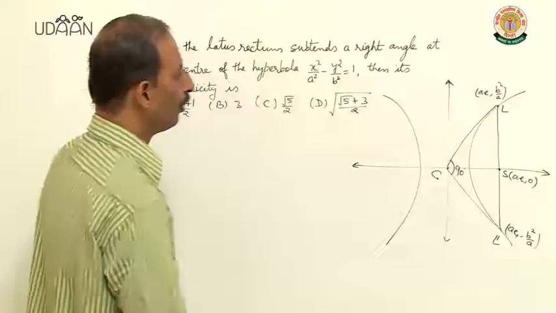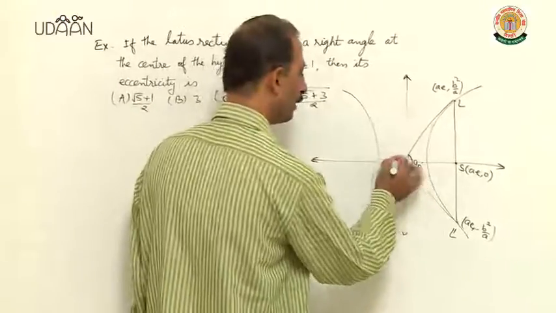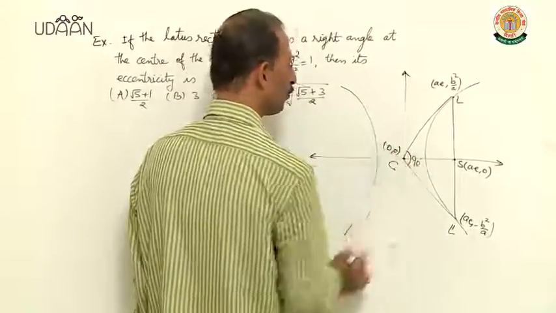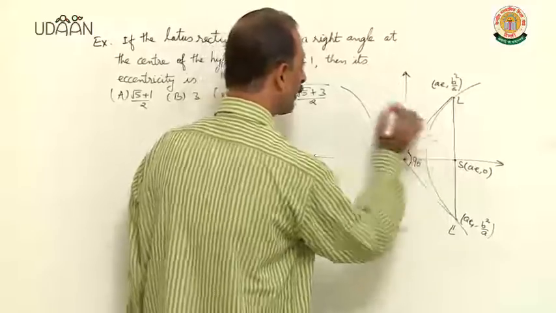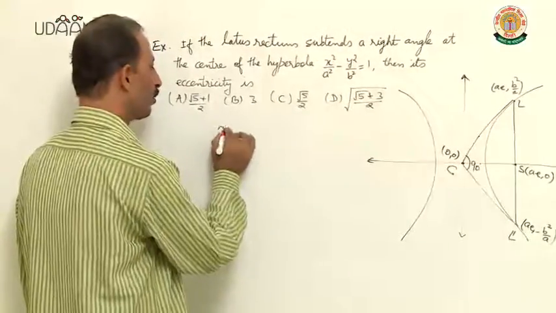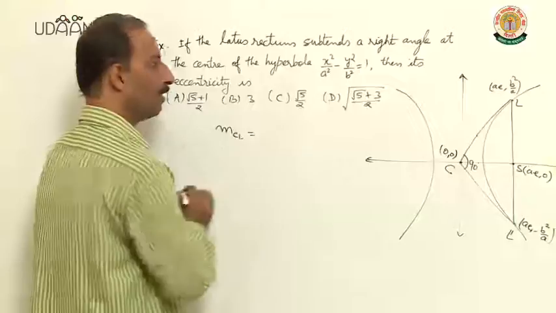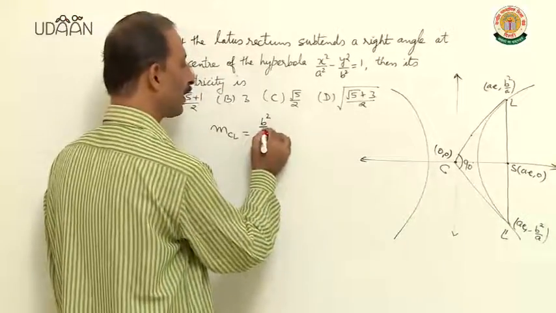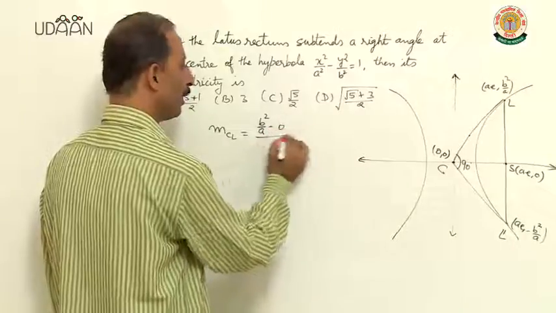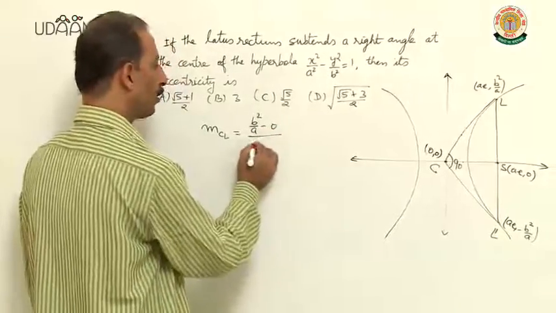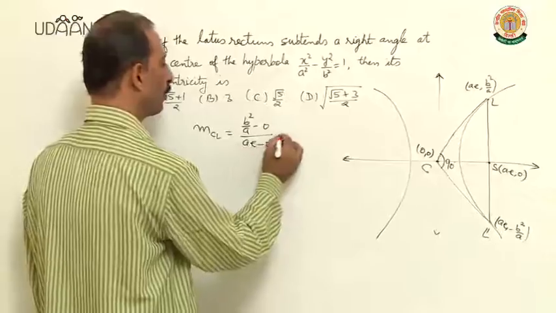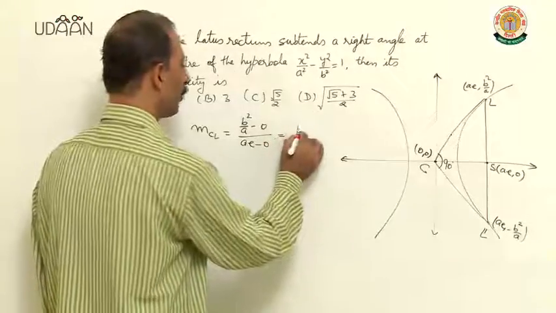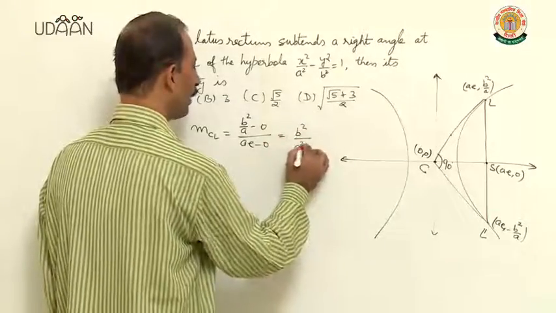First of all, you know the coordinates of the center C, that is (0, 0). So what is the slope of this line CL? The slope of line CL, you know the formula, is y2 minus y1 upon x2 minus x1. This formula I am using here. So b square upon a minus 0 upon ae minus 0. Here you can say b square upon a square e.